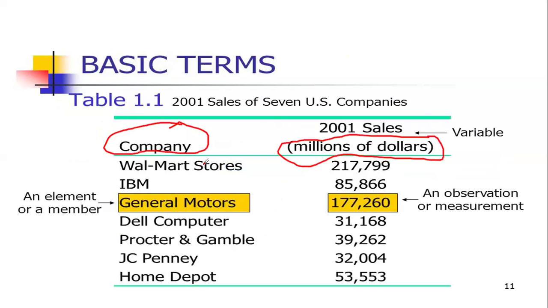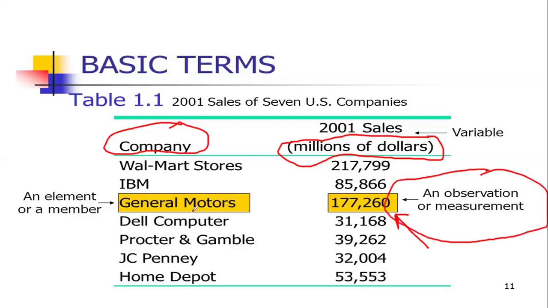So these companies here under the name company are what we are calling members, and then the value of a certain variable is what we are calling an observation or a measurement.